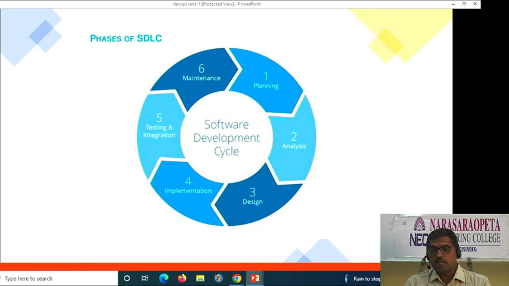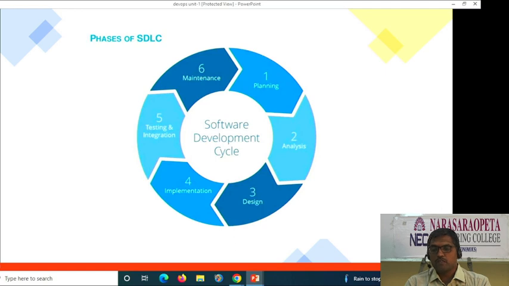After collecting the feasible requirements, according to the planning, then how to design it. In this design, many structural designs and many functional designs will come, along with some graphical representations and some algorithmic parts. All of it comes into the design part.